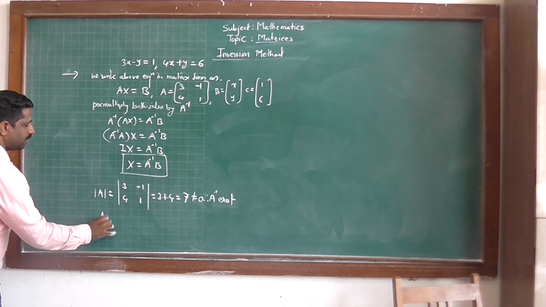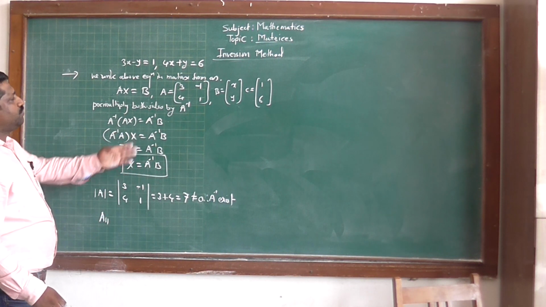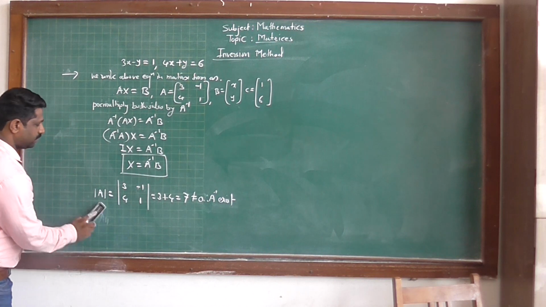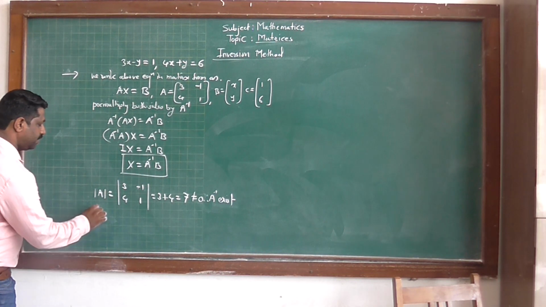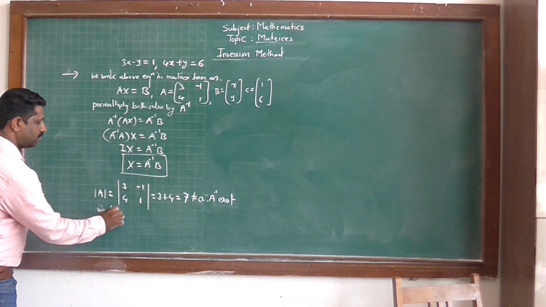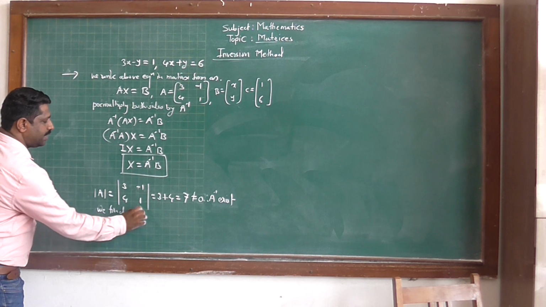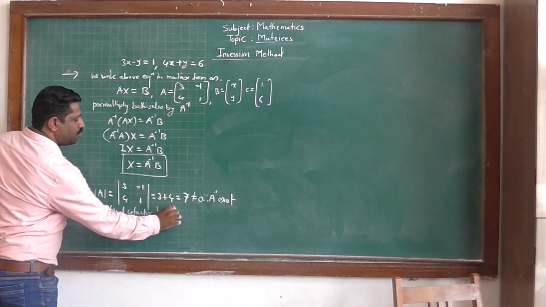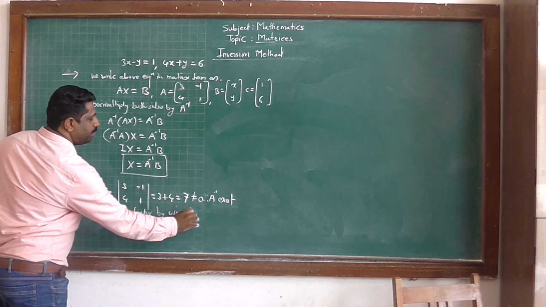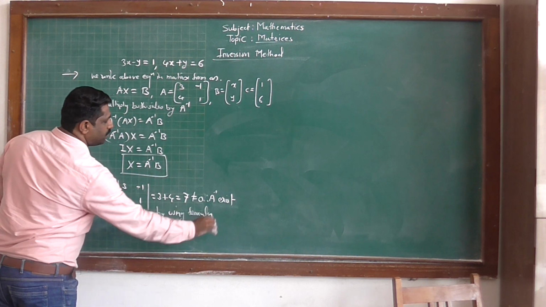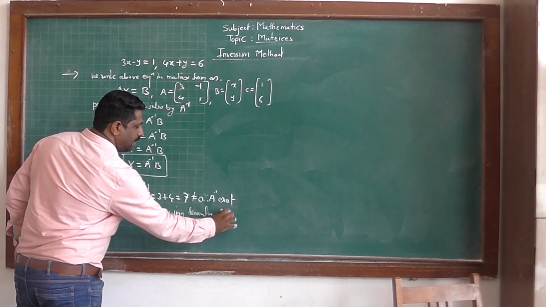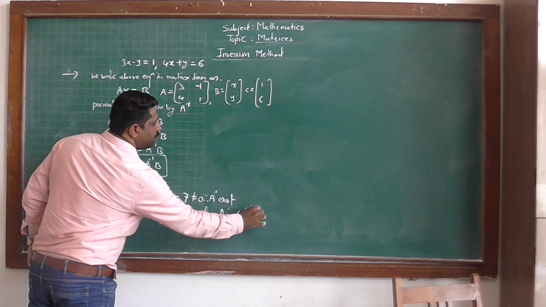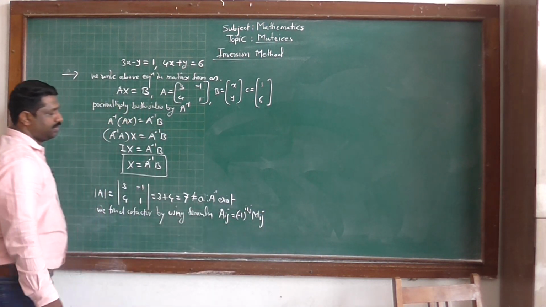So here, as we know how to write cofactor, we find the cofactor by using the formula Aij is equal to minus 1 raised to i plus j into Mij.